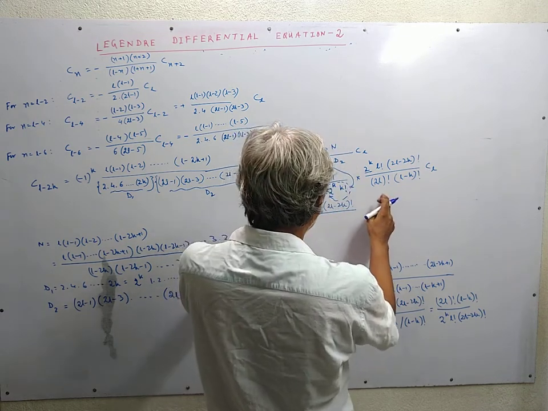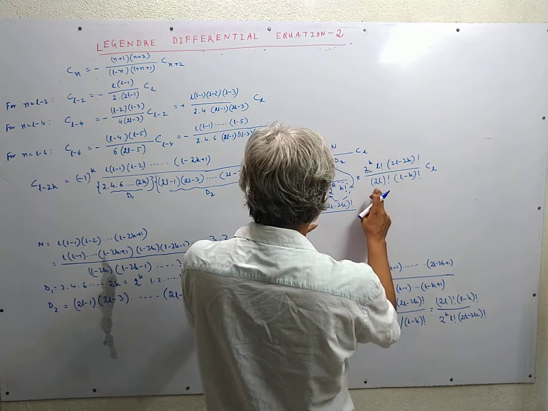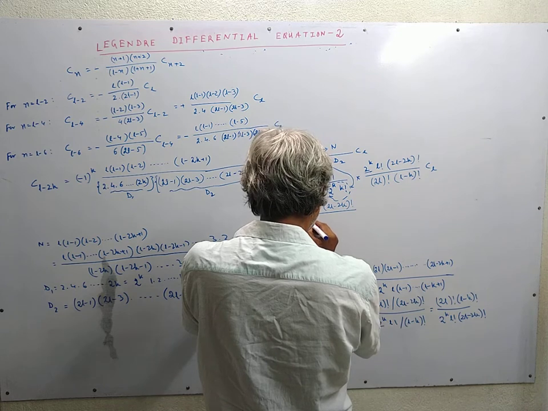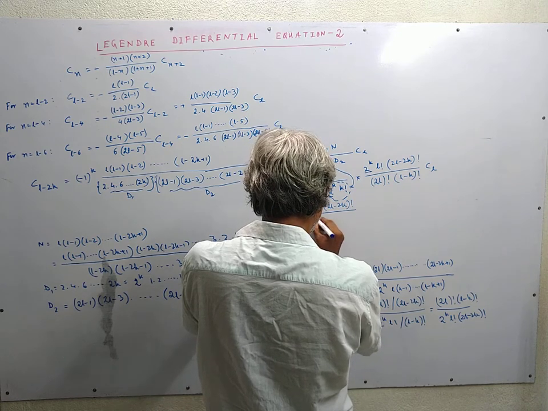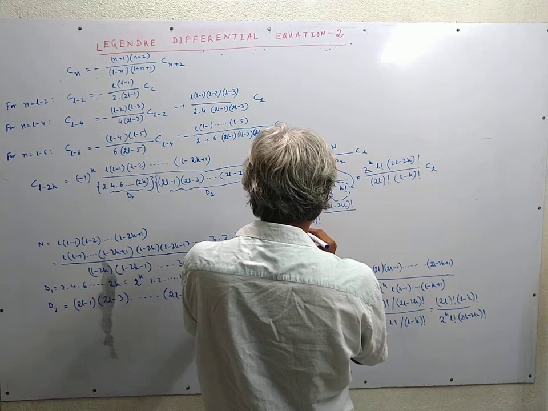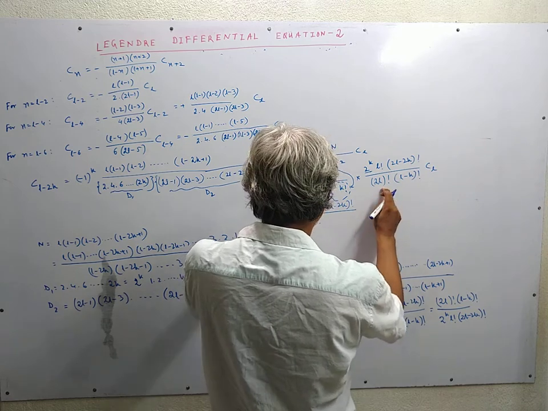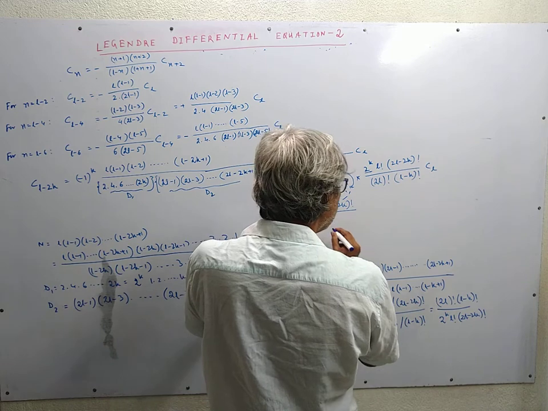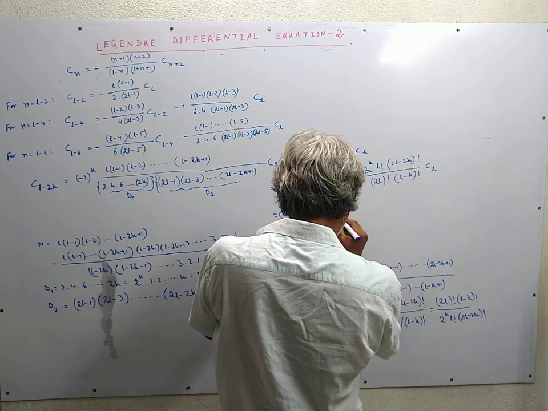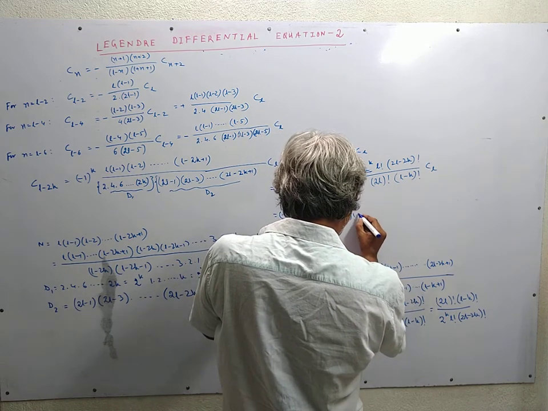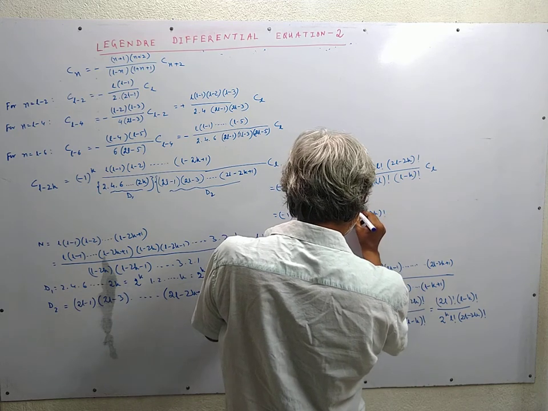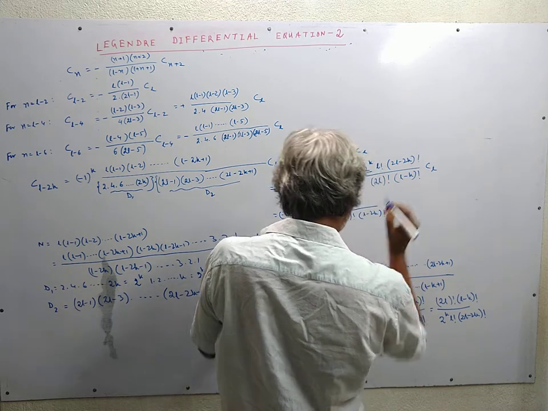In the denominator we will have this one: L factorial, then k factorial, L minus k factorial, L minus 2k factorial, C of L.